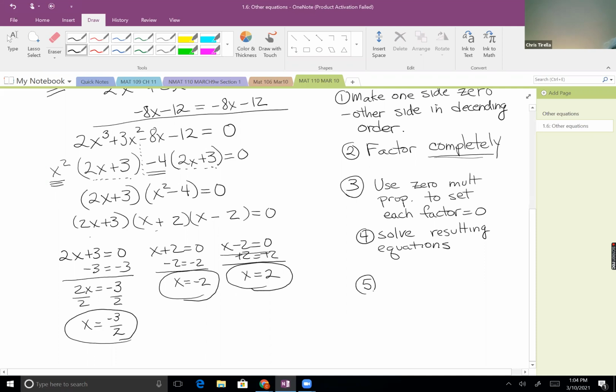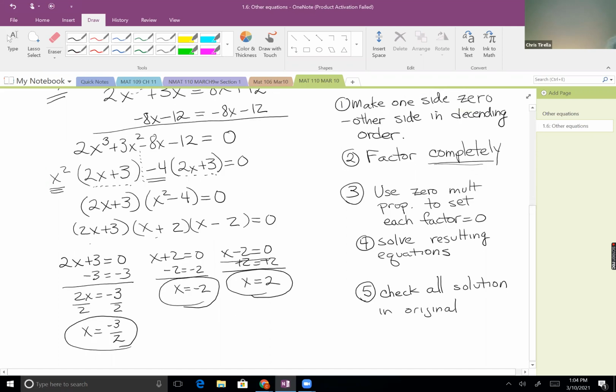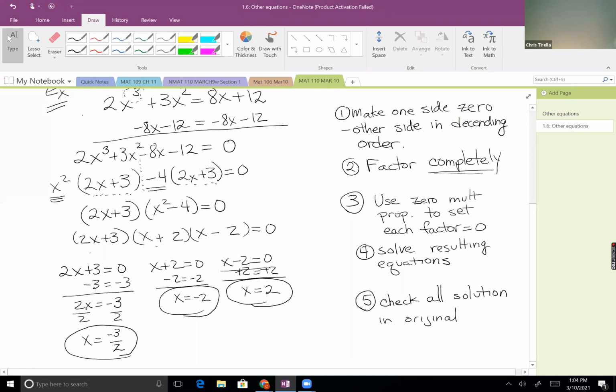And if we were good people, we would check all the solutions in the original. And so, are you all right? We would have to go back and check it in the 2x cubed plus 3x squared equals 8x plus 12.